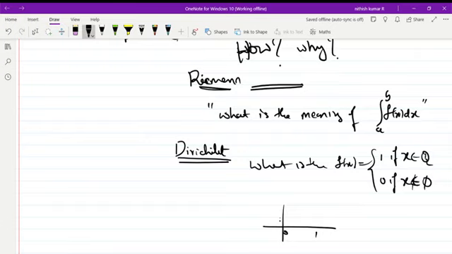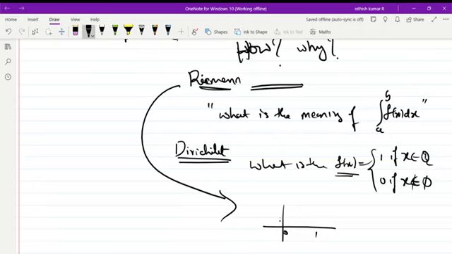But his idea failed here. Riemann's integration fails to identify the area of this curve between 0 and 1. Therefore, the integration technique did not stop here.